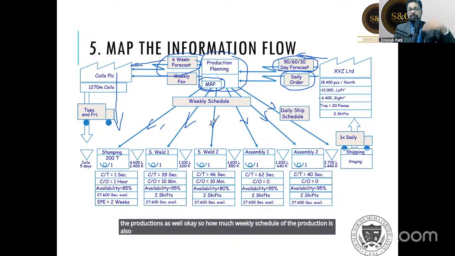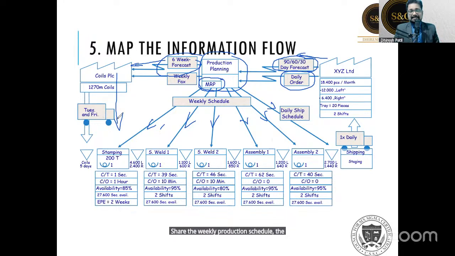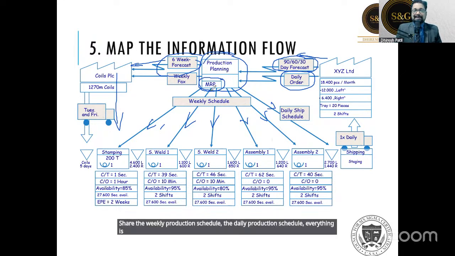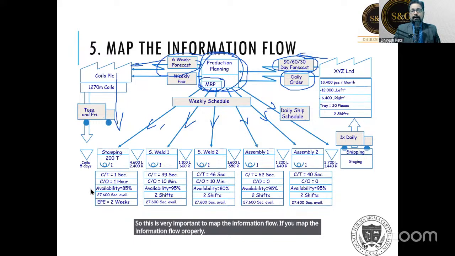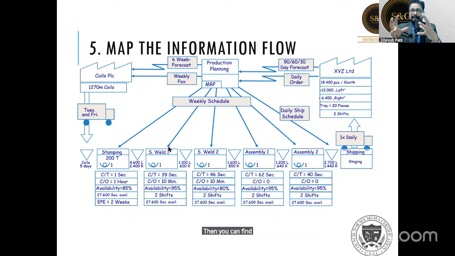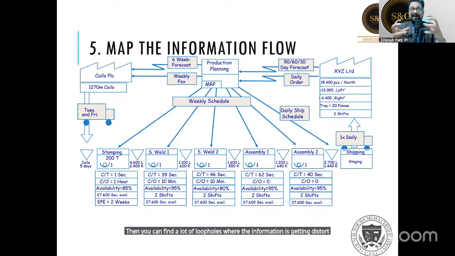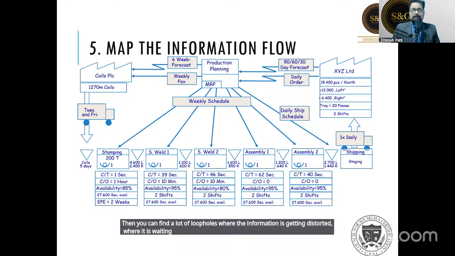The weekly production schedule, the daily production schedule, everything is done with this production planning and control, the PPC department. So it is very important to map the information flow. If you map it properly, then you can find a lot of loopholes where the information is getting distorted, where it is waiting. All these things can be sorted out.